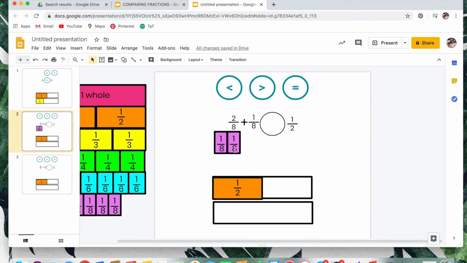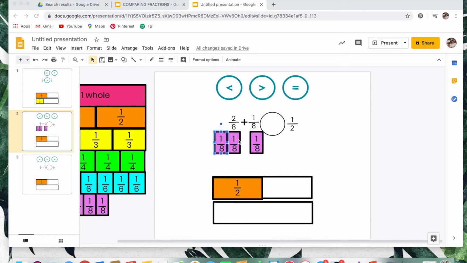I'm not just comparing 2/8 to 1/2 though, I'm also adding another 1/8. So I'm going to bring that 1/8 up to represent my 1/8. So again, I'm comparing 2/8 plus 1/8 and how that is less than, greater than, or equal to 1/2.